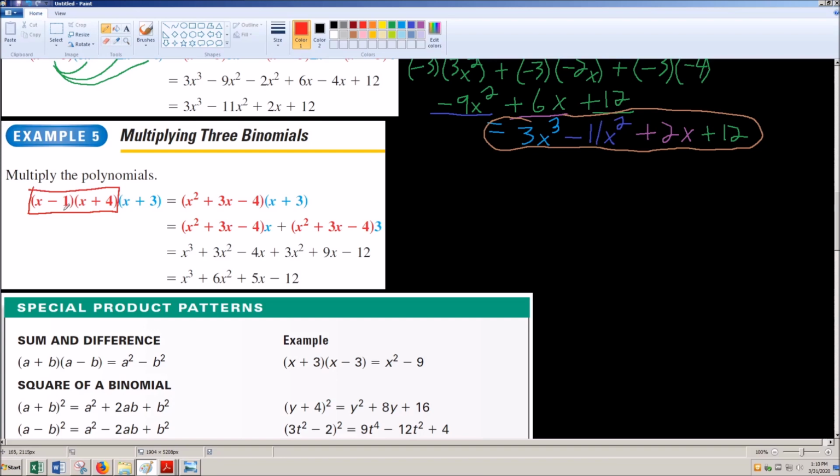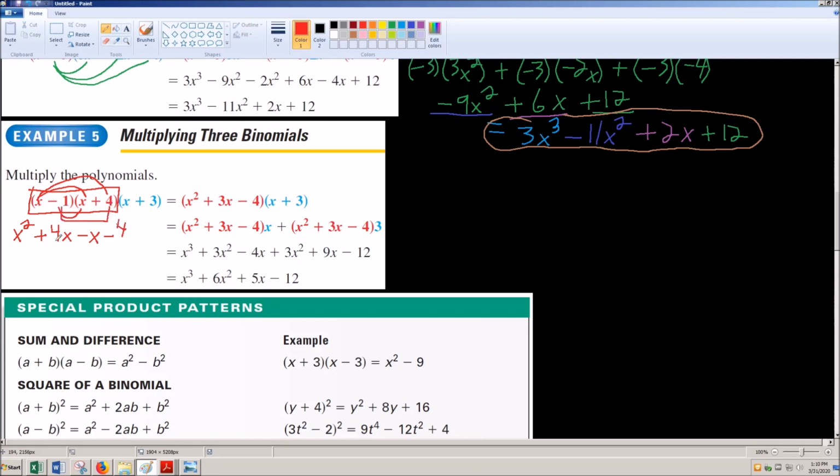If I multiply these two chunks together, I have to FOIL this thing out. So FOIL says we do our first, which will give me an x squared, which is the x and the x. My outside, which is x and positive 4, so that'll give me plus 4x. My inside, which is negative x. And then my last, which will give me negative 4.